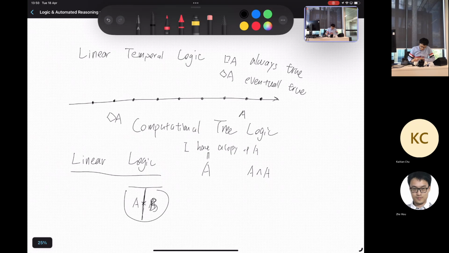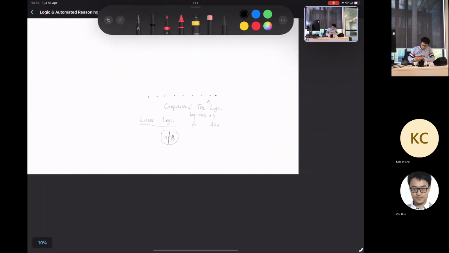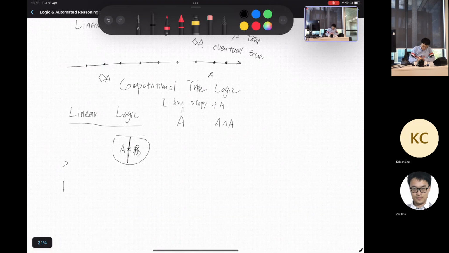I think we will continue this discussion about complexities next time, but in a brief overview, the first logic that we looked at, propositional logic or classical propositional logic, is actually pretty hard already.